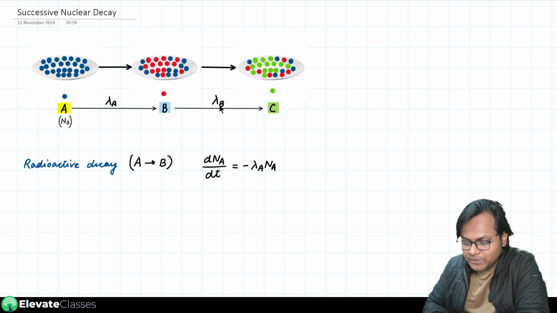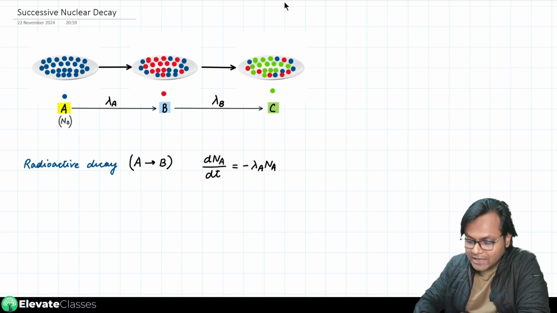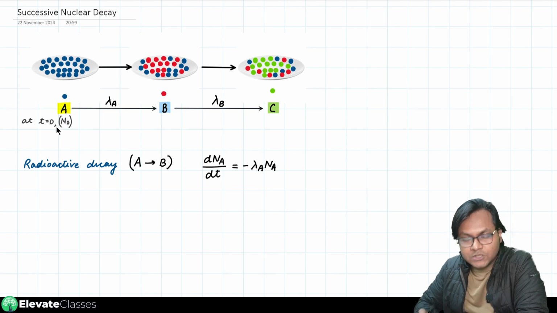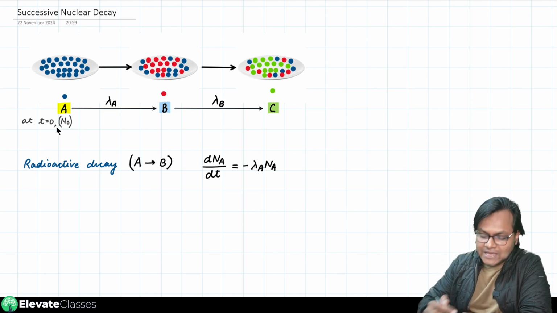Initially, there is no B and C in the original composition, there is only A. And the total number of radioactive nuclei corresponding to A initially at time t equal to 0 is N naught. Based on this, we are going to do our various calculations.